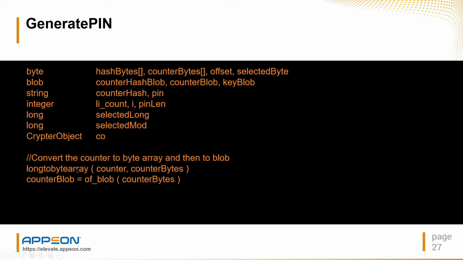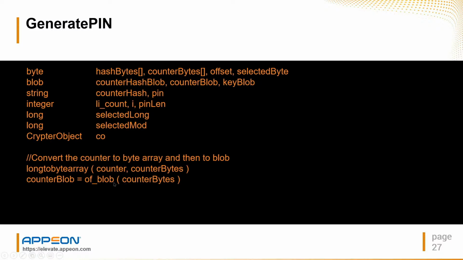What I need to do now is convert. Remember when I was going through and explaining how we can generate the PIN? We say we take that counter and convert it to bytes. That's what I'm doing here. I'm using the longtobytearray function, and I'll show you that in a bit. But I'm going to convert that counter into bytes, and then I'm going to do a blob on it.